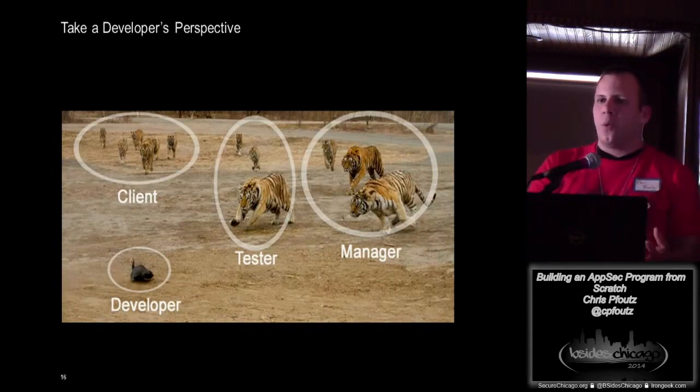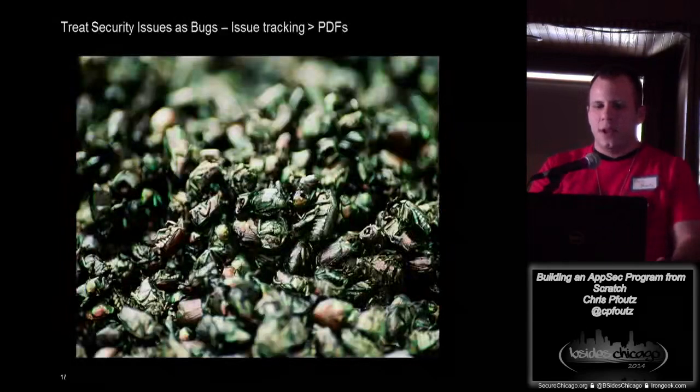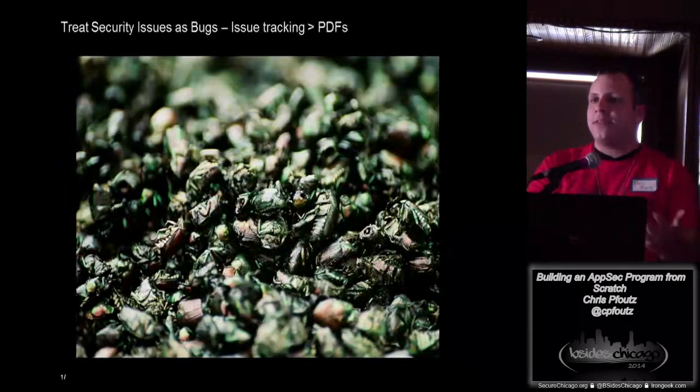And we need to find a way to work with the development organizations to fix those. So I recommend that instead of sending developers PDFs, we treat issues as bugs. If we send an email to the developers, they'll say that they'll fix the issue, but they're not being tracked to fix those issues.